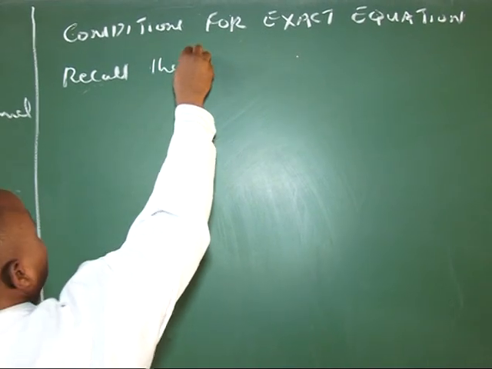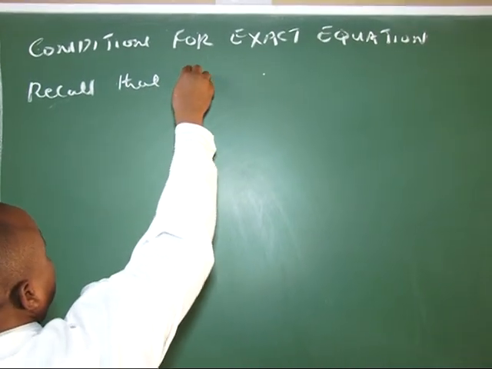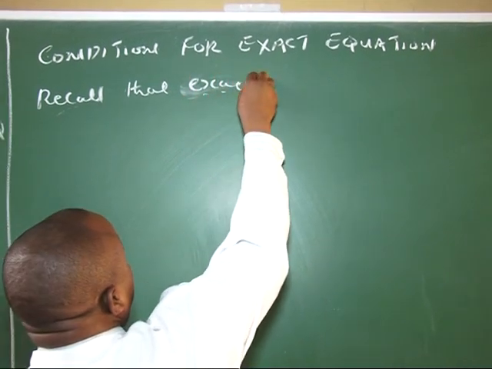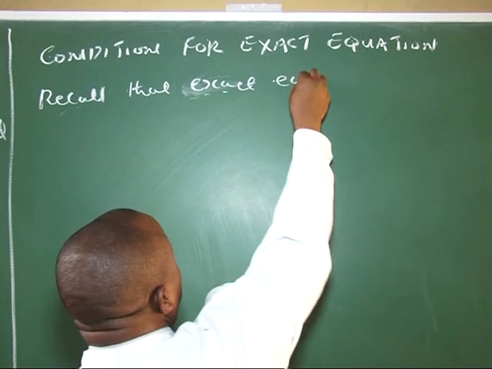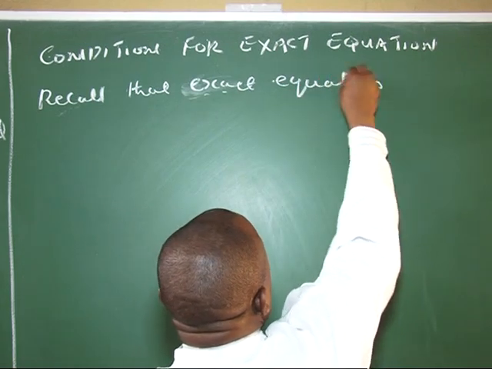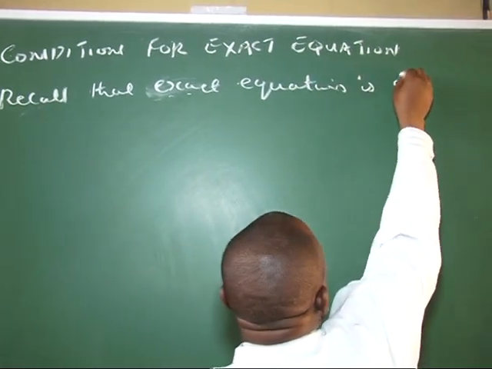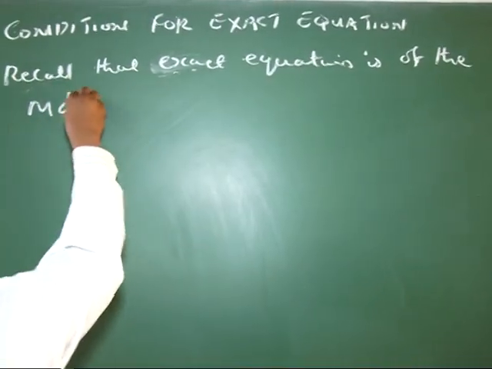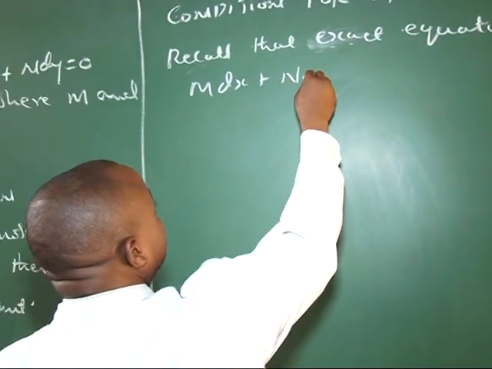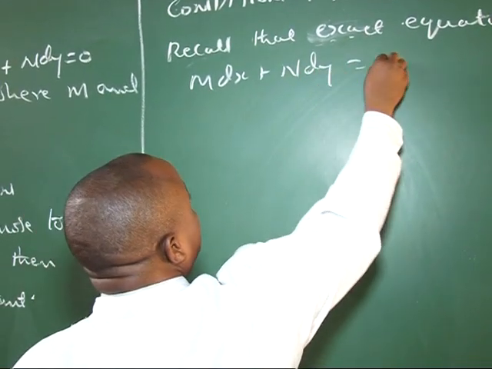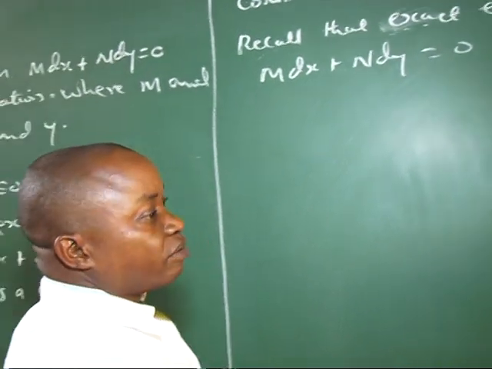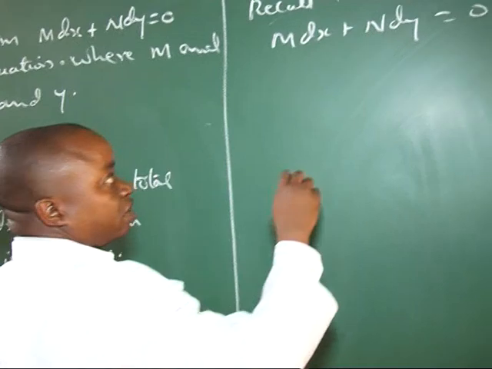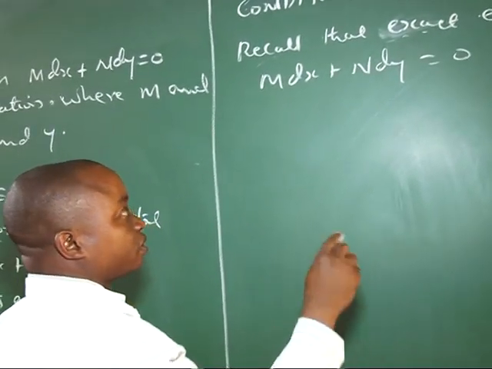Recall that the exact equation, as we have said, is of the form M dx plus N dy is equal to 0. Now, for this equation to be exact, this condition must be fulfilled.